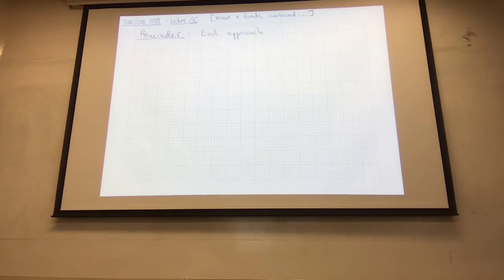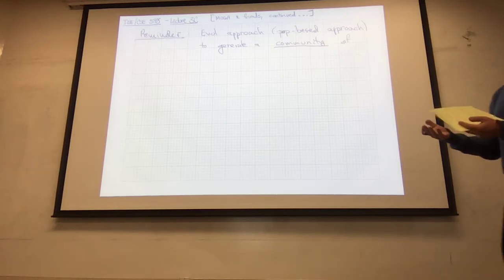That's a population-based approach, which ends up being natural for this, to generate a community of, and I want to say, effectively equivalent optimizers.